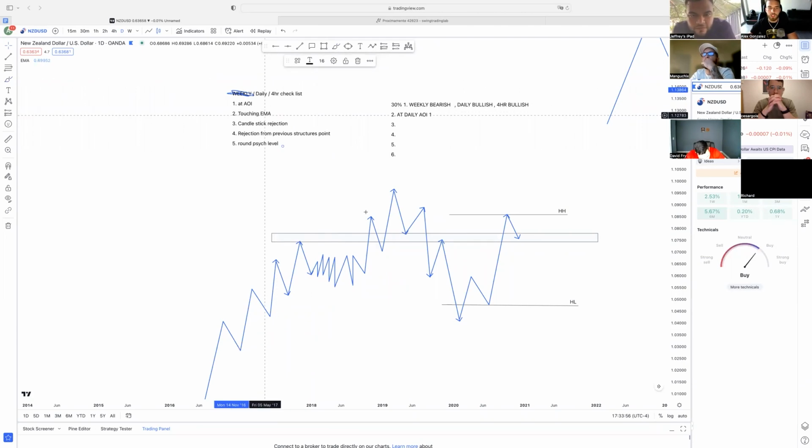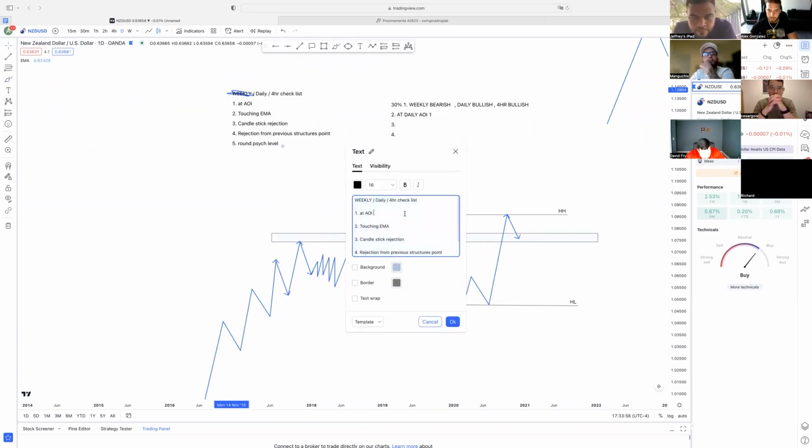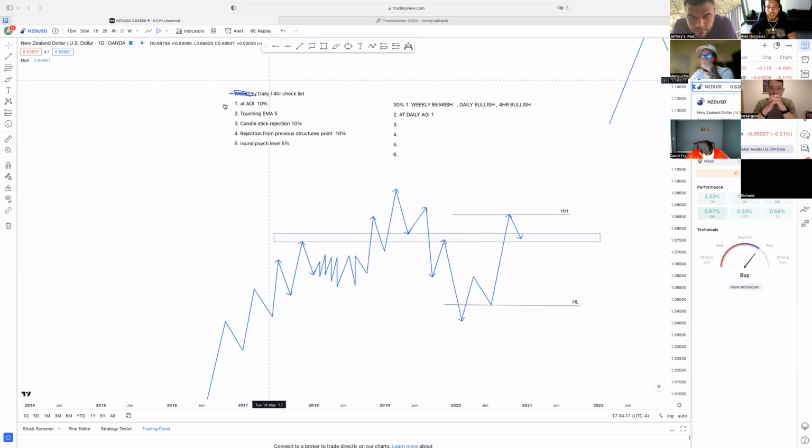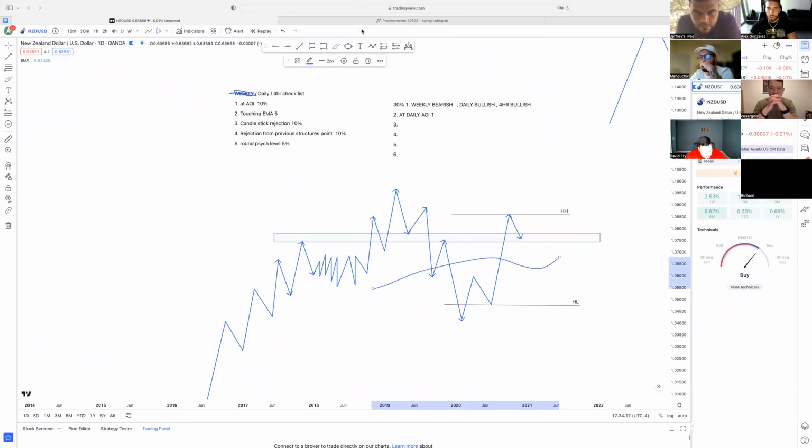So all of these confluences have a percentage towards your grade. Touching EMA is 5, candlestick rejection is 10, structure point is 10%, and then round psychological is 5%. So as of right now, this trade right here, from the following confluences, what can you mark off?